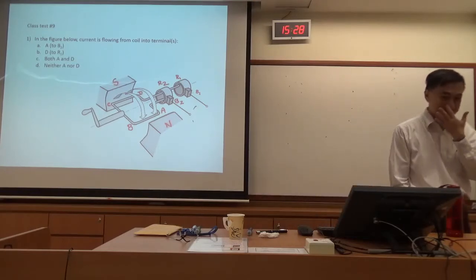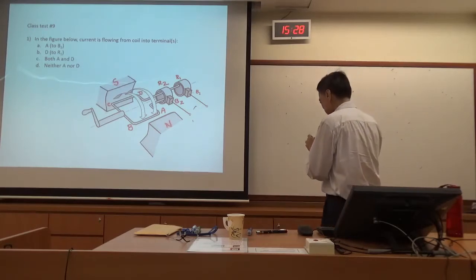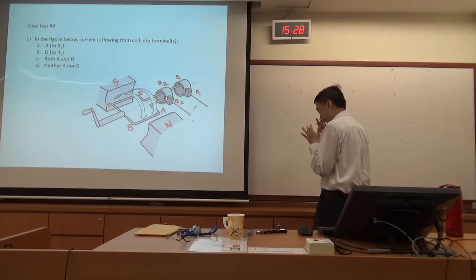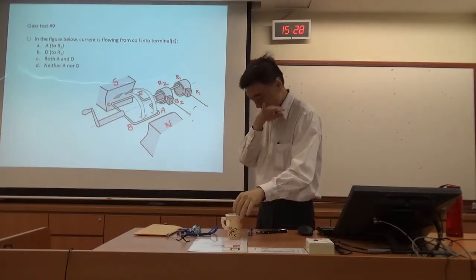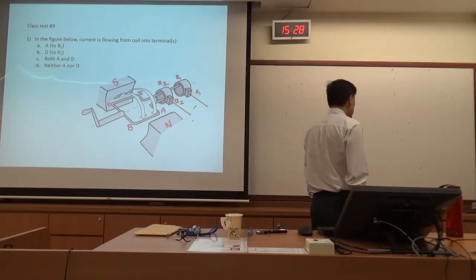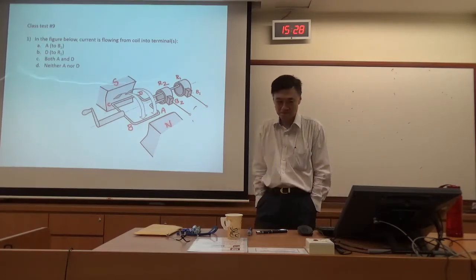So the current, let's say the current B to R2. The current is going, the force going downwards, right? So it means your field is going this way, the current is going this way. If it's the other way around, it means the current is going this way, the force is going downwards.